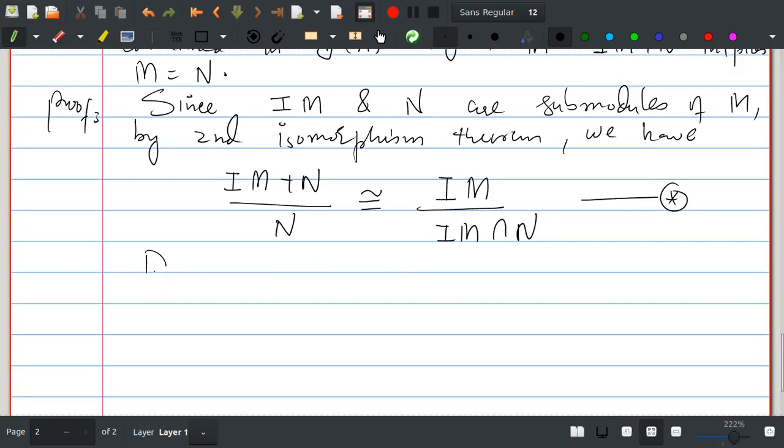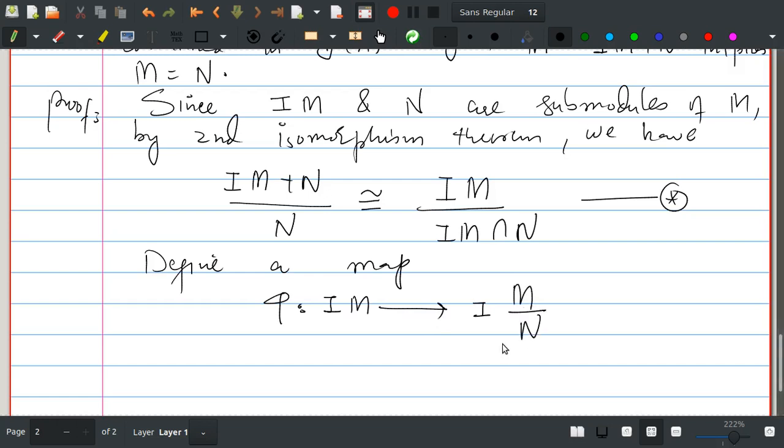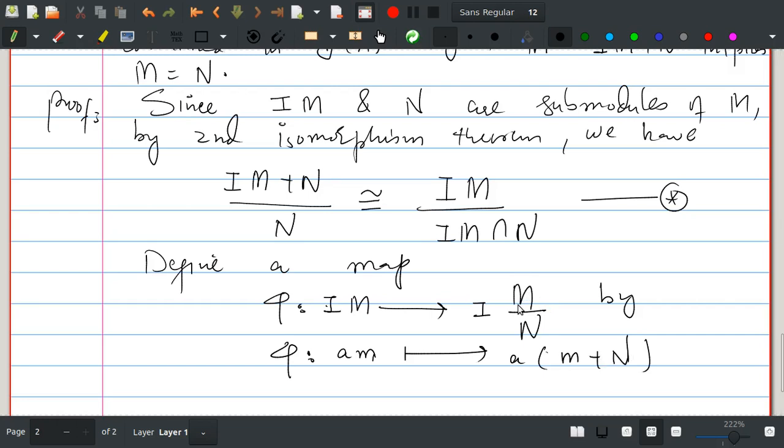Now let us define a map. Define a map phi from IM to I times M mod N by, so phi takes an element here which is of the form am, where a is an element of I, and maps it to am plus N. Now this am plus N is an element in this quotient module.